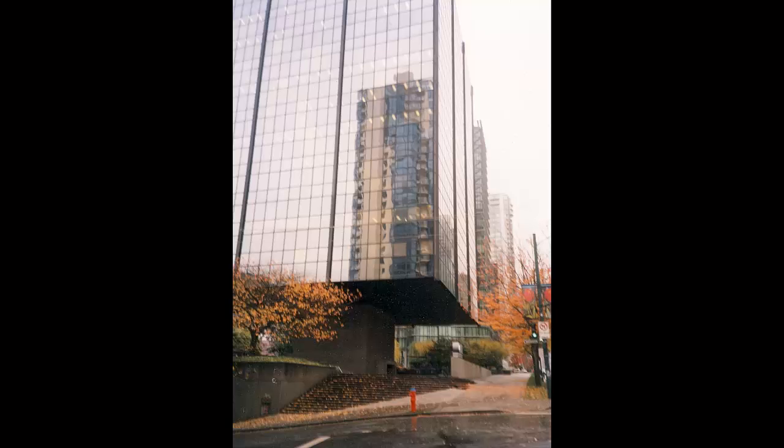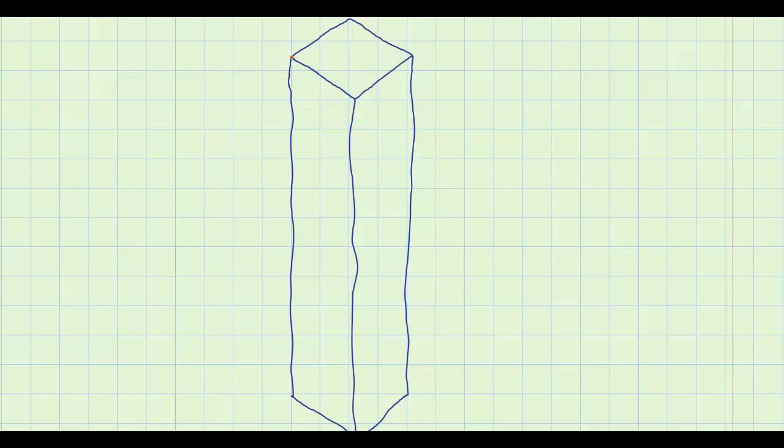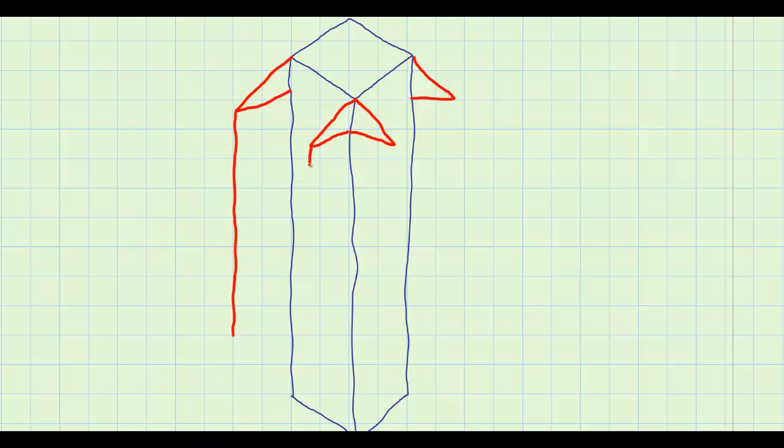This building in Vancouver is one of those unique structures. A concrete core, like a cantilevered box-shaped beam, is built up from the foundation to the full height of the building. Then, outrigger trusses are attached to the top of the core. Cables are suspended down from the truss ends.